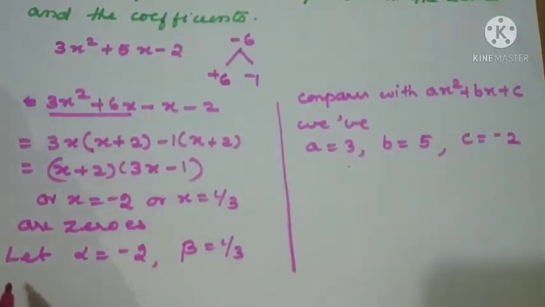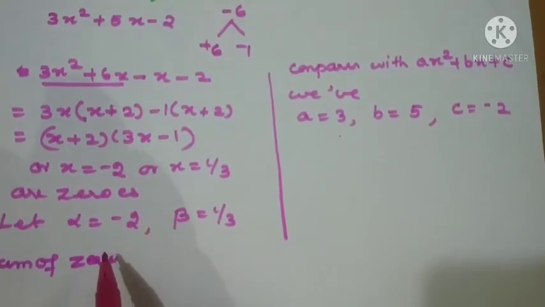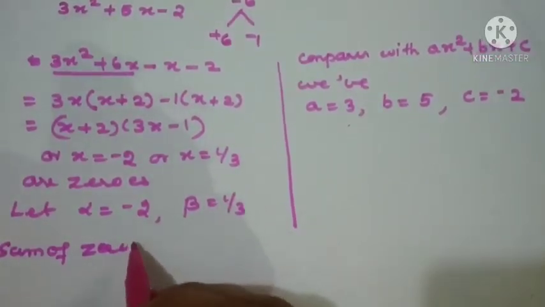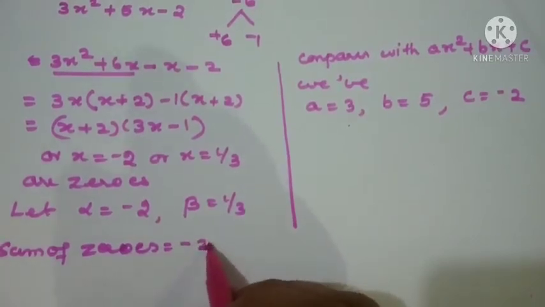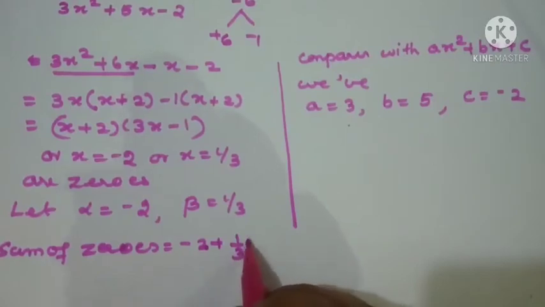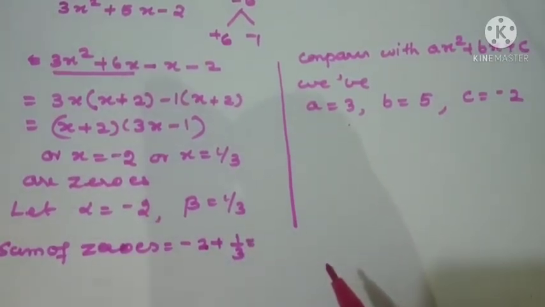Right. Now we are calculating the sum of the zeros here. So minus 2 plus 1 by 3. What is the LCM there?